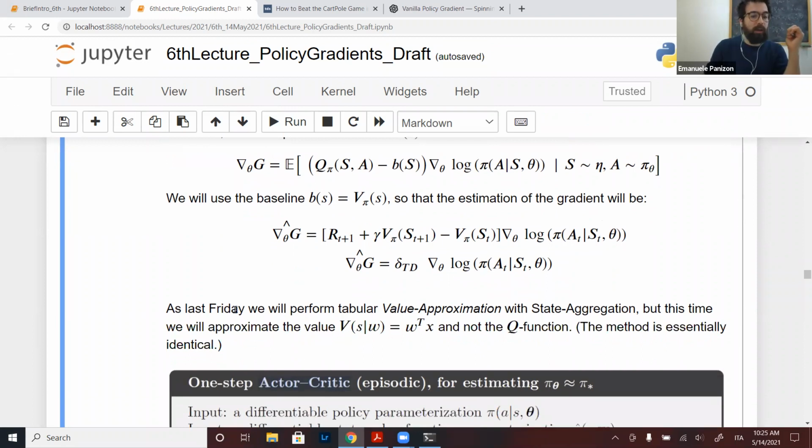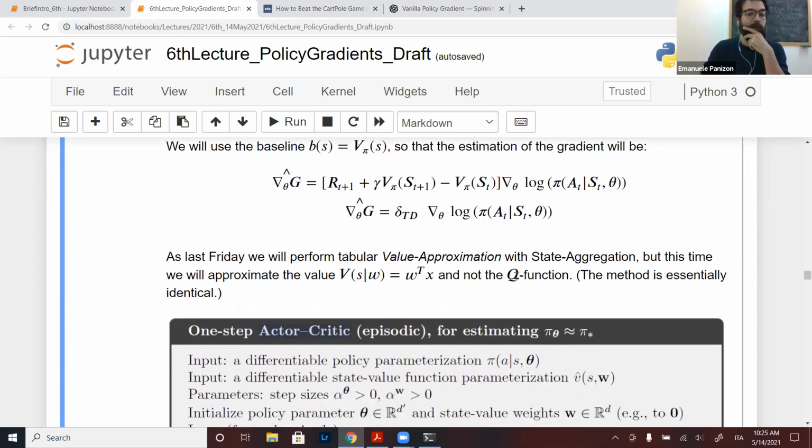Again, we need a way to approximate this value, and I don't touch anything from the last lecture. We're going to use this tabular value approximation with state aggregation, so for each aggregated state, I'm collecting its value. I'm not doing the Q function, but I'm doing the value.